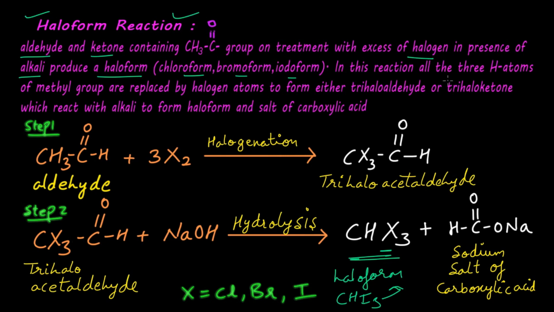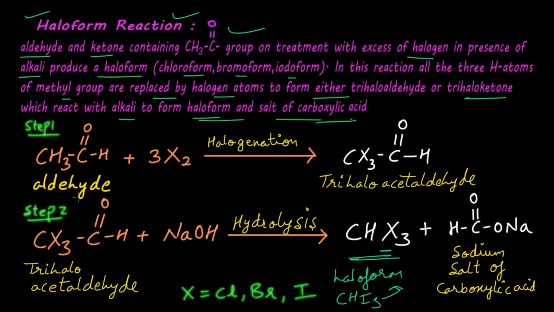In this reaction, all the 3 hydrogen atoms of the methyl group are replaced by halogen atoms to form either trihaloaldehyde or trihaloketones, which react with alkali to form haloform and salt of carboxylic acid. So in this statement, first it is defined what haloforms are, which group is necessary for the haloform reaction and what the products are. The final products are haloform and salt of carboxylic acid.